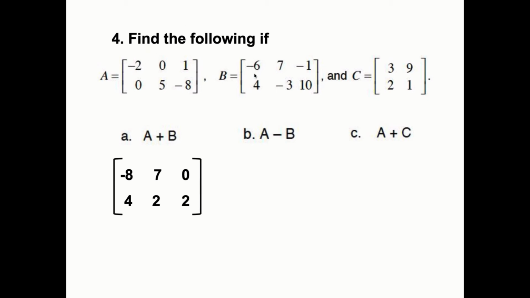So it's actually negative 2 plus 6, which is going to be 4. 0 minus 7 is negative 7. 1 minus negative 1 becomes plus 1, so 1 plus 1 is 2. 0 minus 4 is negative 4. 5 minus negative 3 becomes plus 3, so 8. And then negative 8 minus 10 is negative 18.